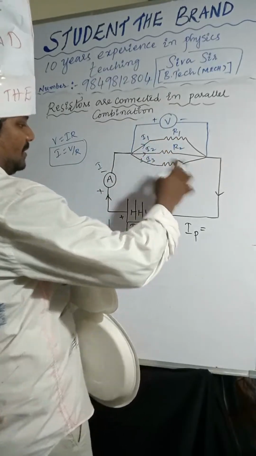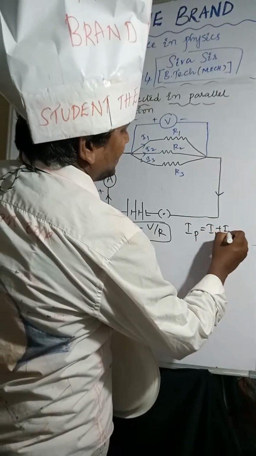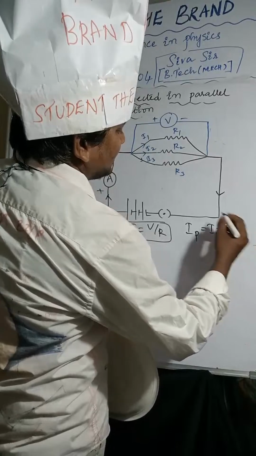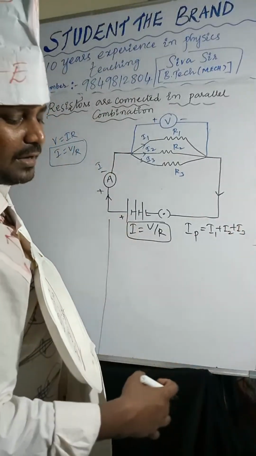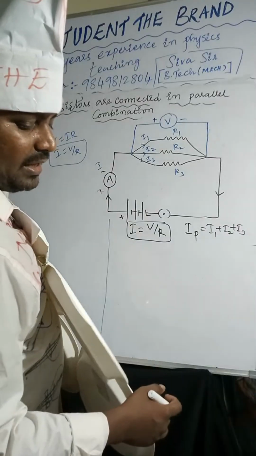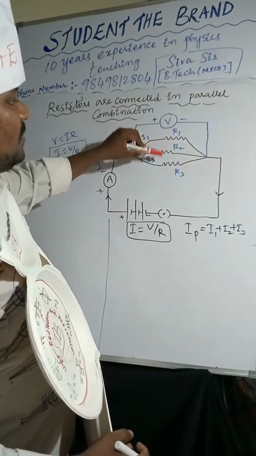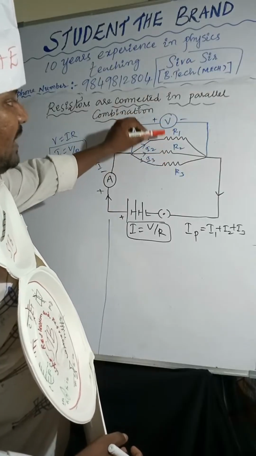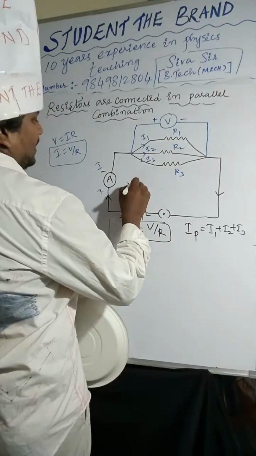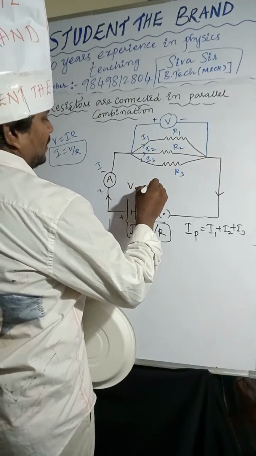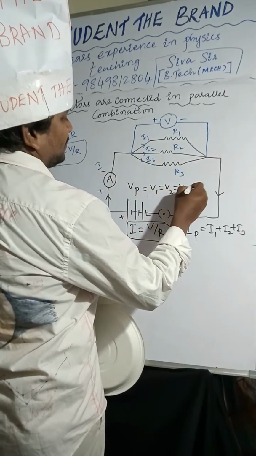So IP equal to I1 plus I2 plus I3, because the potential difference is the same across the three resistors R1, R2, R3. So VP equal to V1 equal to V2 equal to V3 equal to V.